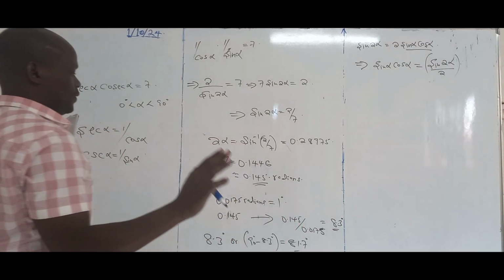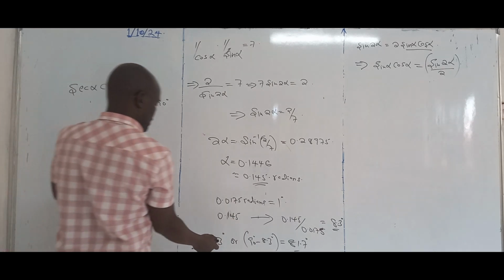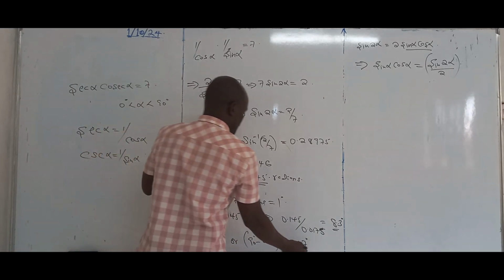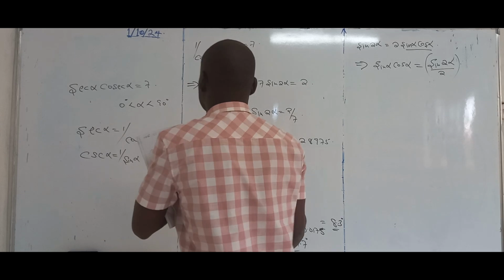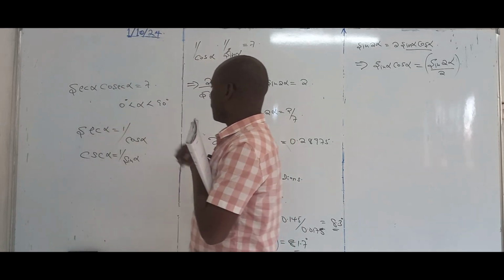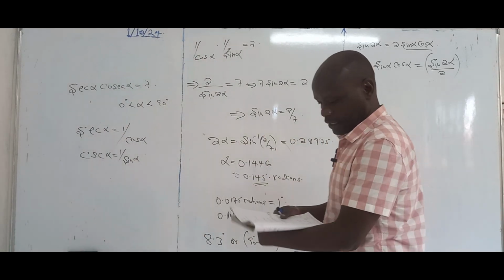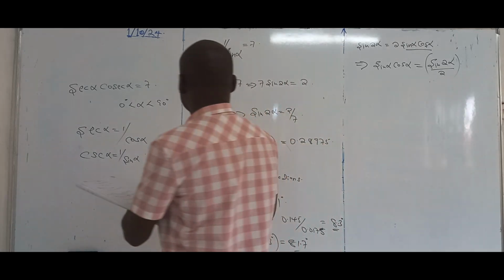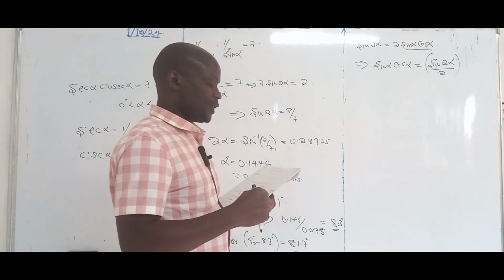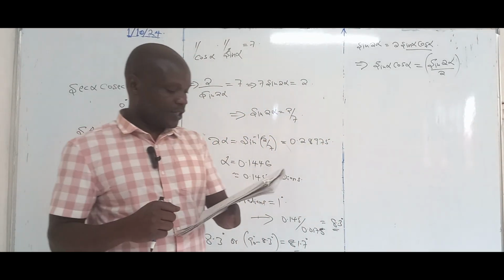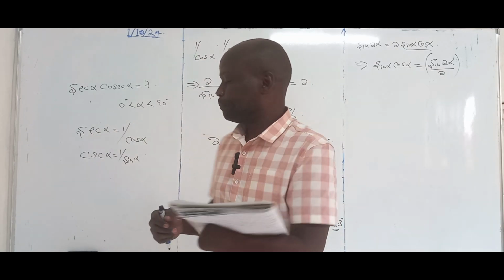So there are two angles here, 8.3 degrees and 81.7 degrees. Both lie between 0 and 90 degrees. So that is as far as part A is concerned. Let's see what part B says.